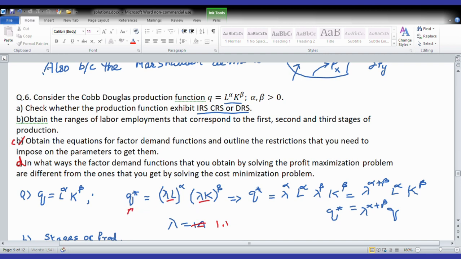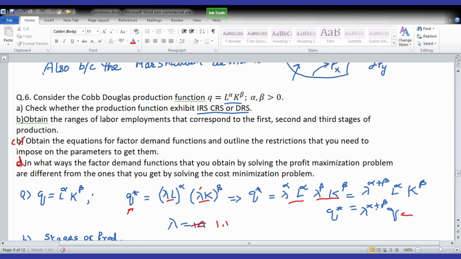This is the question. So now I open these brackets: lambda raised to power alpha, L raised to power alpha, lambda raised to power beta, K raised to power beta. Then I add the powers of lambda to become lambda raised to power alpha plus beta, L raised to power alpha, K raised to power beta, but L raised to power alpha, K raised to power beta is equal to q, so I have plugged in q here: lambda raised to power alpha plus beta times q.